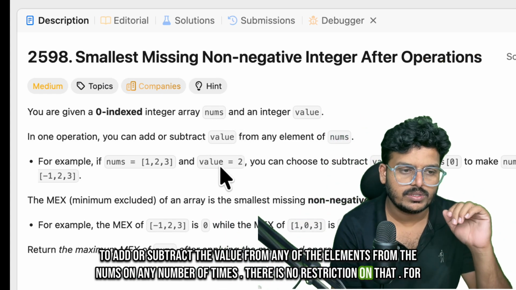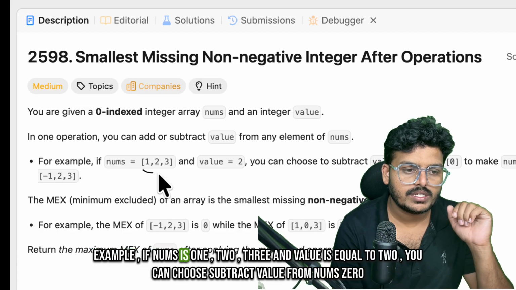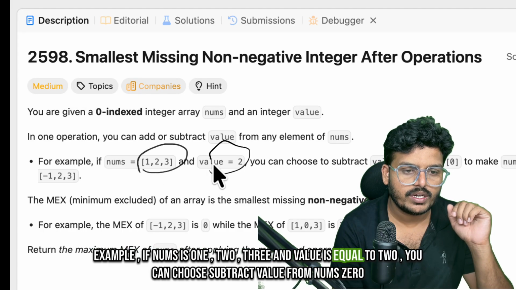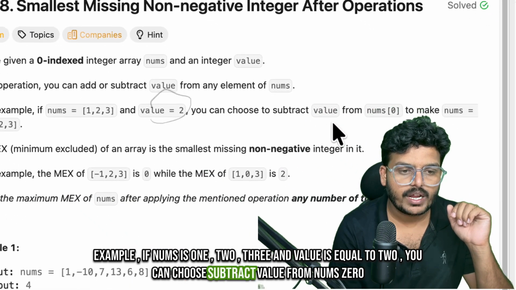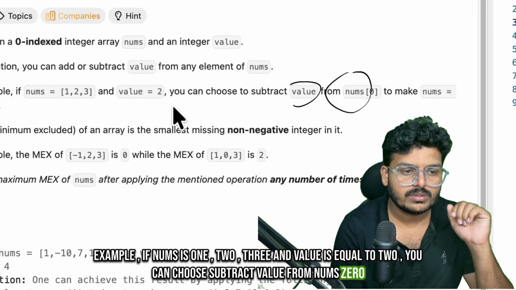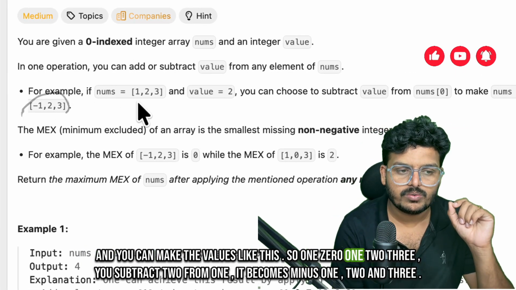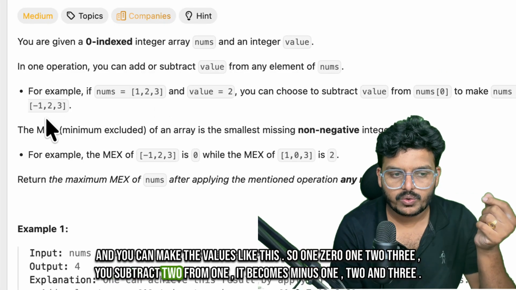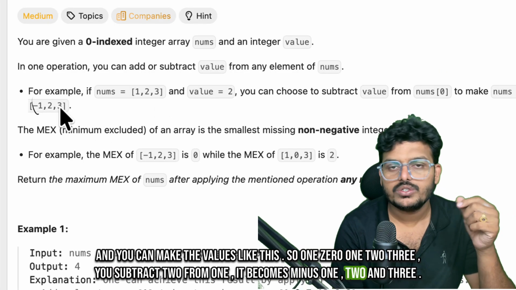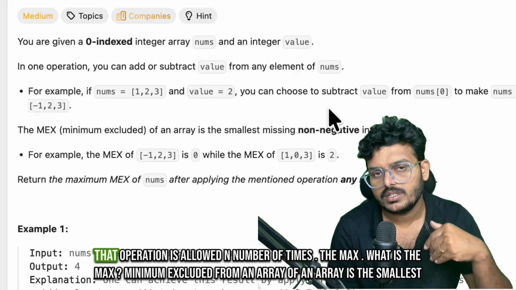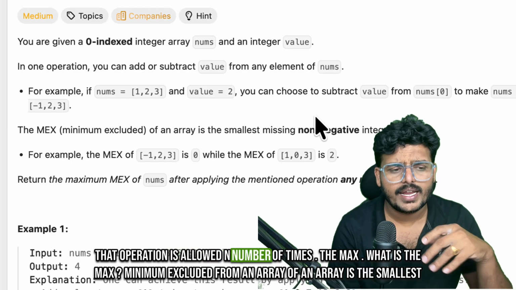There is no restriction on that. For example, if nums is 1, 2, 3 and value is 2, you can subtract 2 from 1 and it becomes -1, 2 and 3. That operation is allowed any number of times.